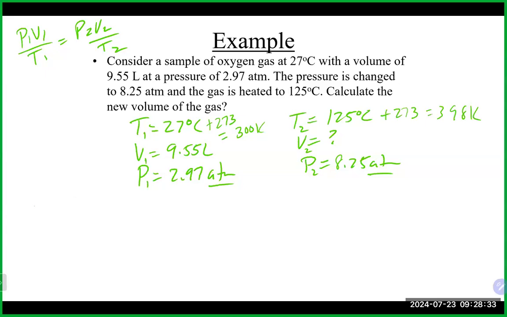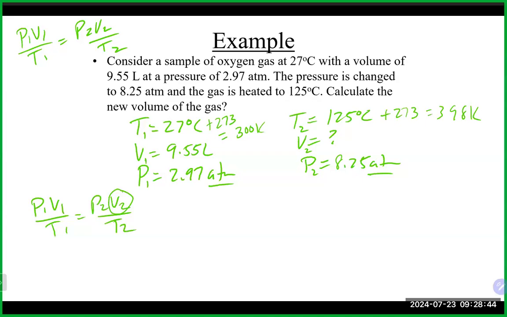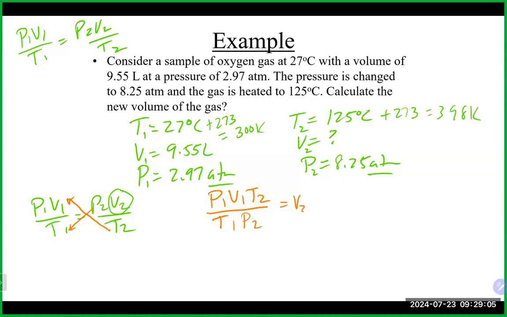So in this case, P1 V1 over T1 equals P2 V2 over T2. We're going to solve for V2. That means very simply we're going to move everybody to the other side that needs to be moved. The guy on the bottom will end up on top, and the guy on top will end up on the bottom, multiplying and dividing. That gives us P1, V1, T2 up on top, T1 and P2 on the bottom, equals our V2.